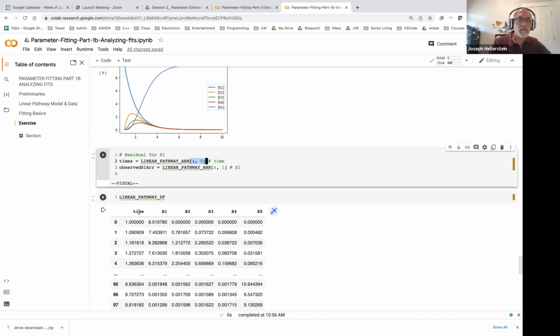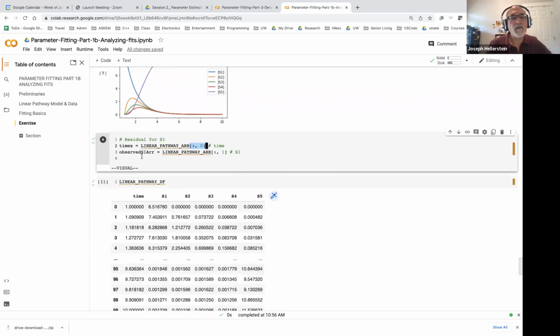Time is the first column, so you end up with times. Over here, these are the observed values of S1. S1 is the second column, so the column index is 1. We do the same trick here, so the observed S1 array is this column over here.